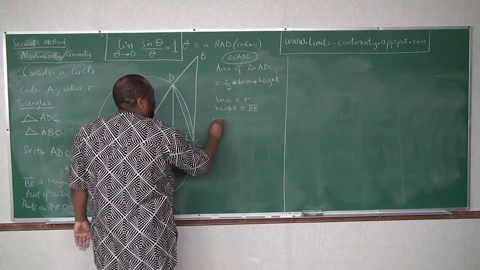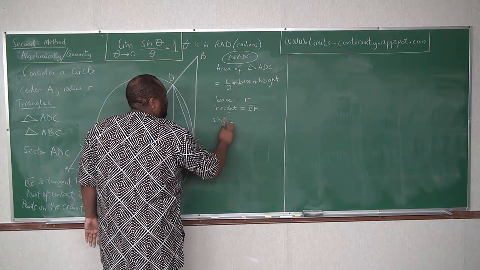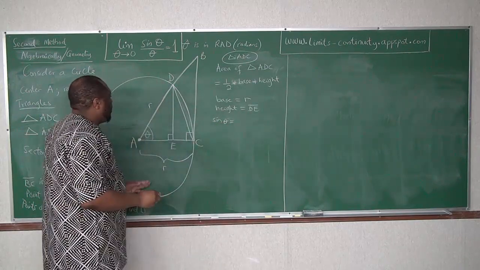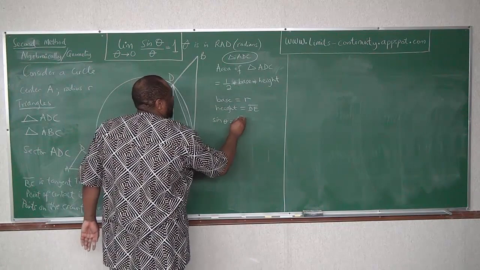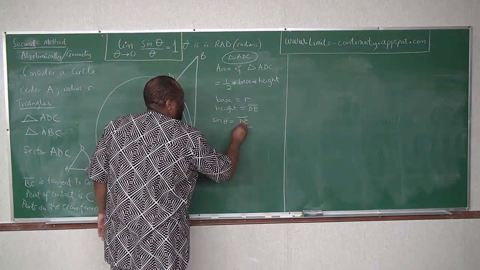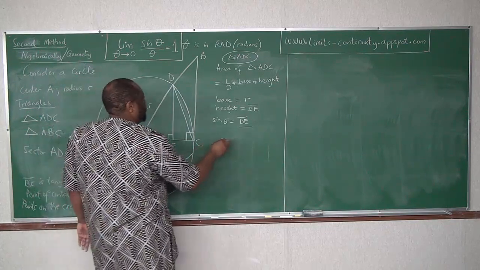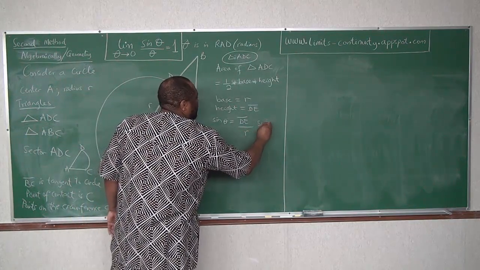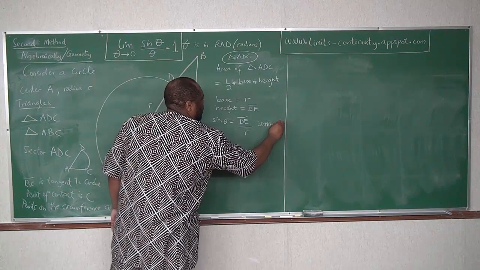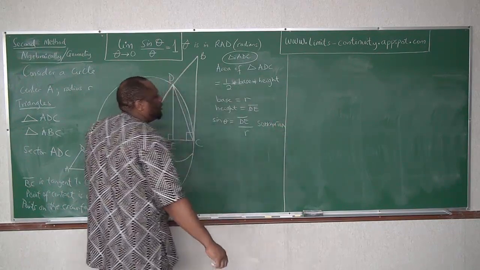So sine theta is opposite DE over hypotenuse, which is R. And this is the SOHCAHTOA rule.